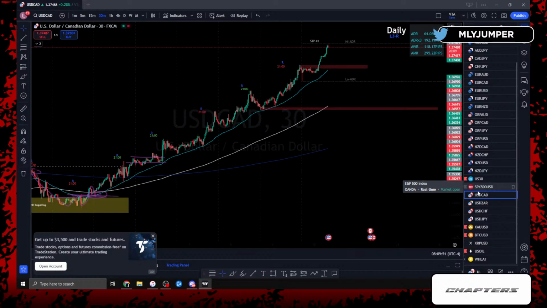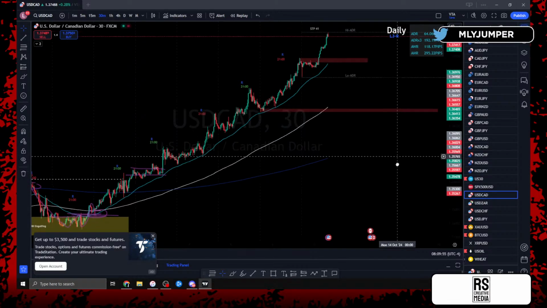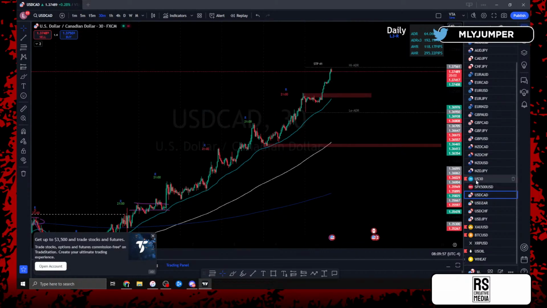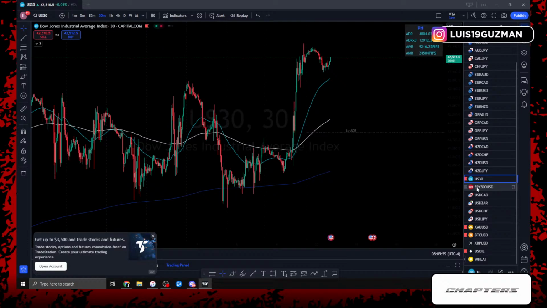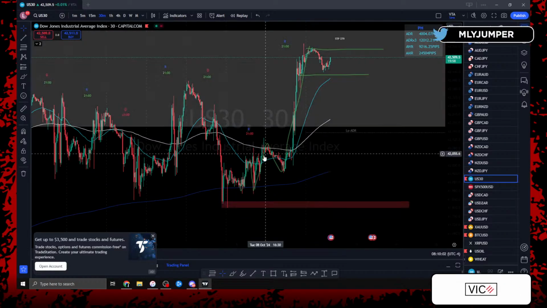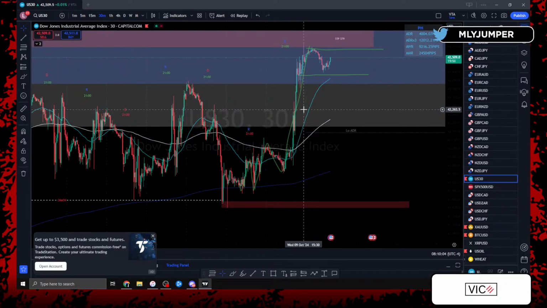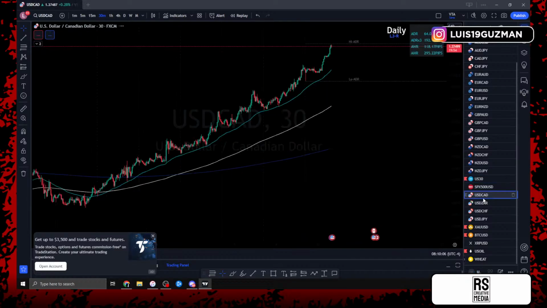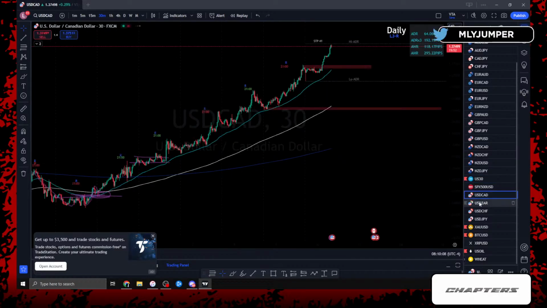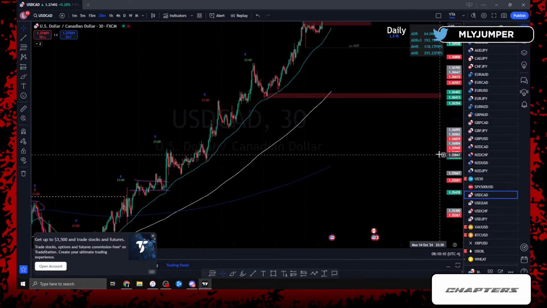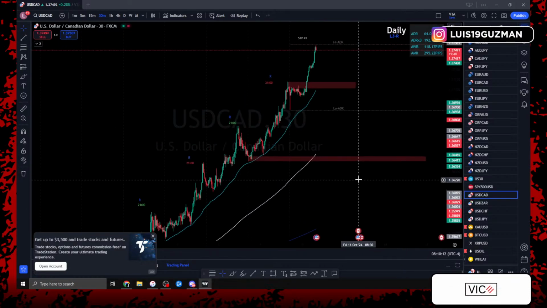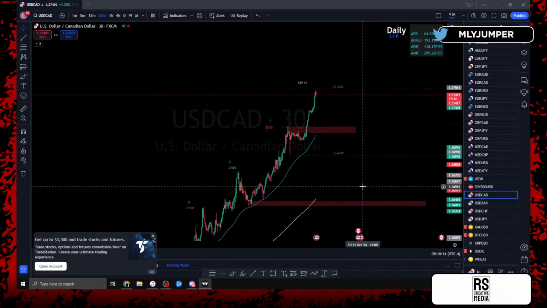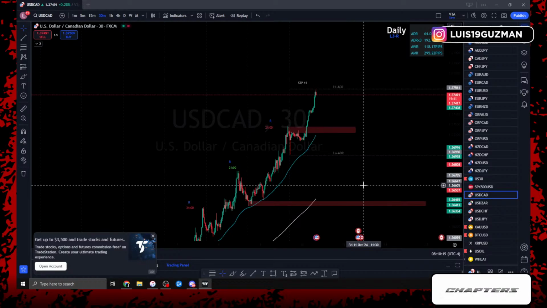And I could give another reason: USD CAD and US30 move opposite. Usually when USD CAD is moving up, US30 is pushing down. And we can see that's not happening. So we know there's a lot of market manipulation happening, especially this year, starting with the wars and everything else going on politically around the world, not even just the United States, globally this year.